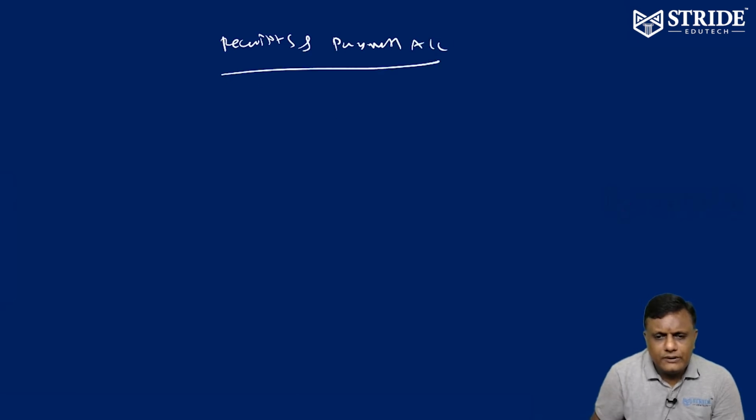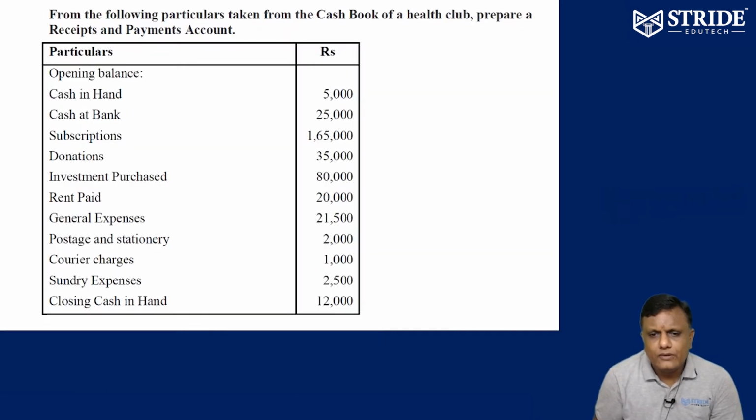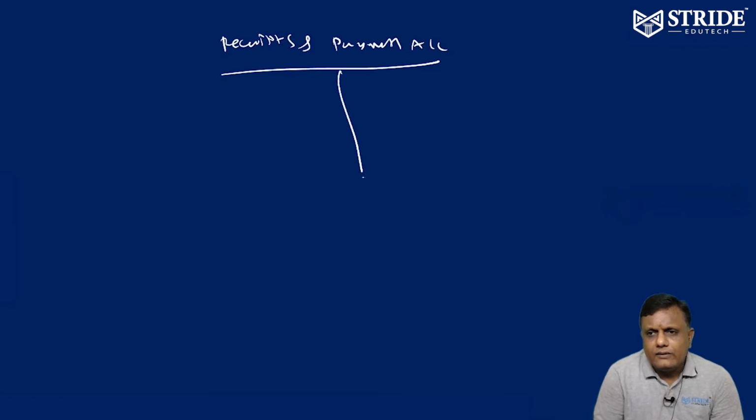Receipts and payments account of a club. In a trading organization we call it the cash book; in a non-profit organization we call it the receipts and payments account.